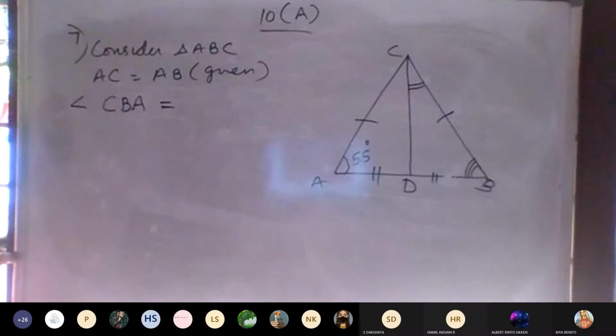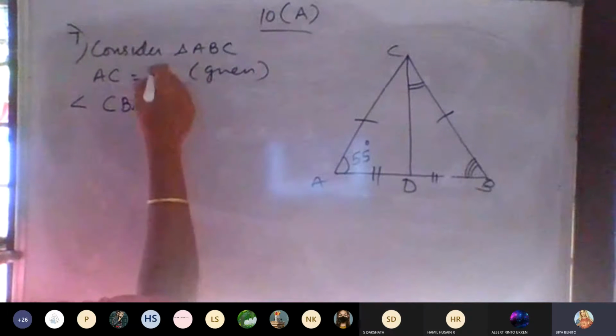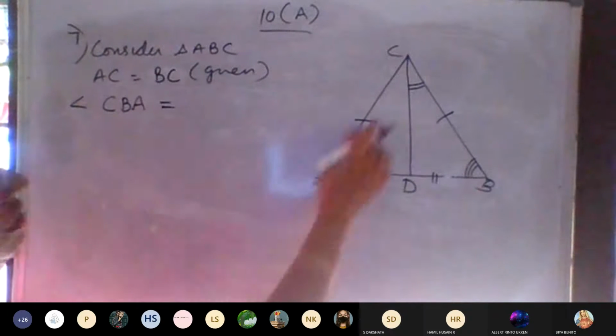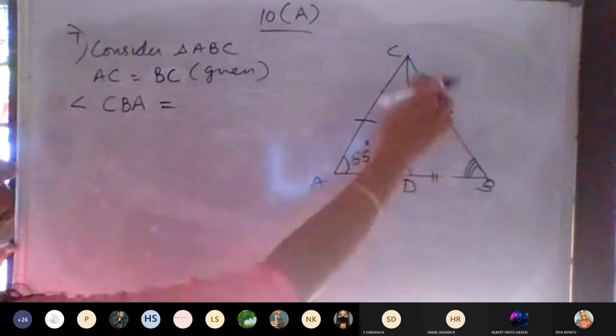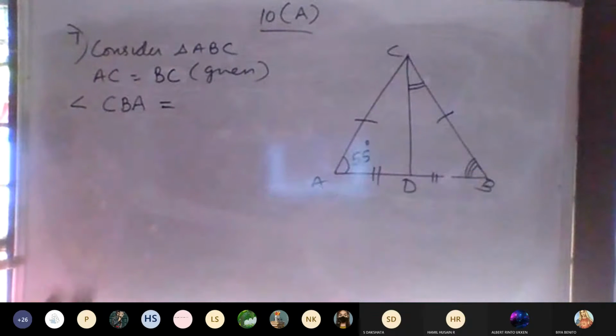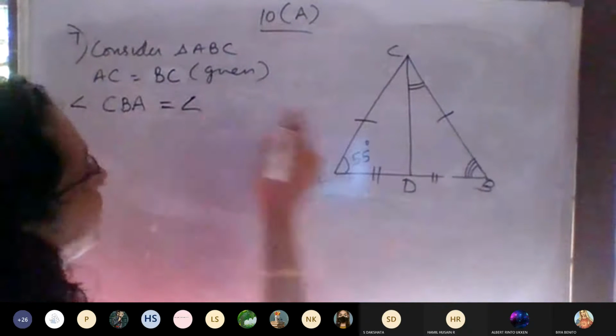What is given? AC is equal to BC, given. So the angle opposite of that, angle CAB.